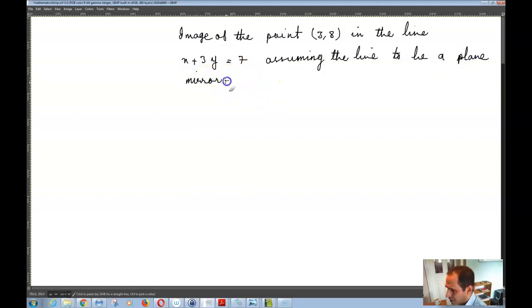So what this means, a line being a plane mirror with respect to a point and the image of the point in that line, is that suppose that you have this point over here, 1, 2, 3, 4, 5, 6, 7, 8.